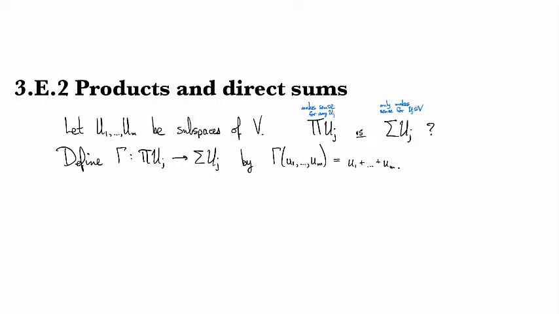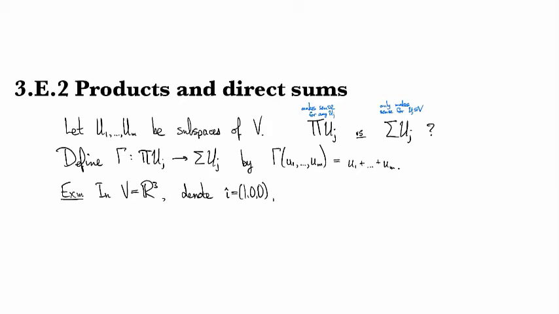Okay, and so it might be useful to think of a nice basic example. So I'll just take V to be R3, and we'll use the standard physics notation just to make things a little less bulky. So i hat is (1, 0, 0), and j hat is (0, 1, 0), and k hat is (0, 0, 1).